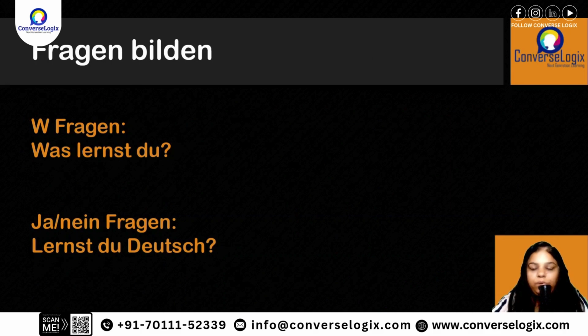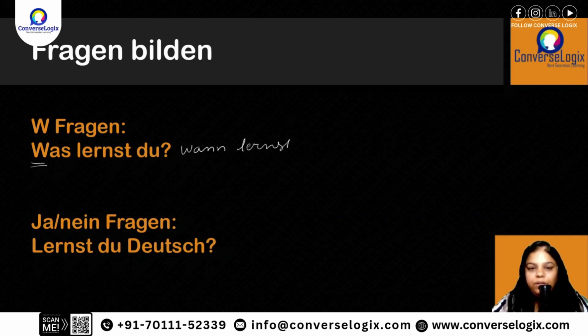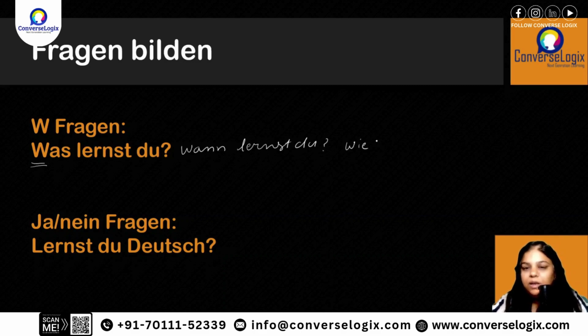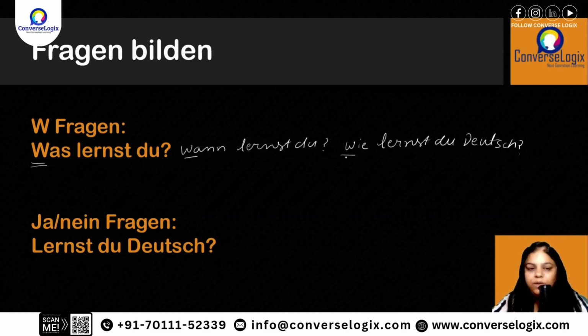So we know when we do Fragenbilden, there are two ways of asking questions, two types of questions. One is the W-Fragen, which starts with W. Was lernst du? Wann lernst du? Wie lernst du Deutsch? Yeah, you can say online, in der Schule, mit Lehrerin. Wie lernst du Deutsch, was lernst du, und so weiter. So all the W questions are called W-Fragen.